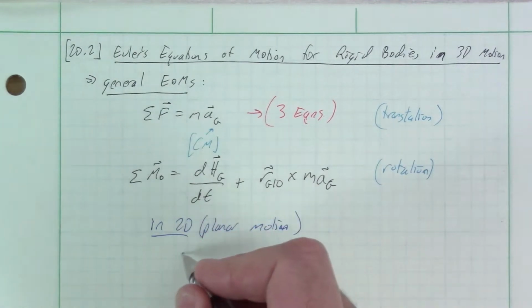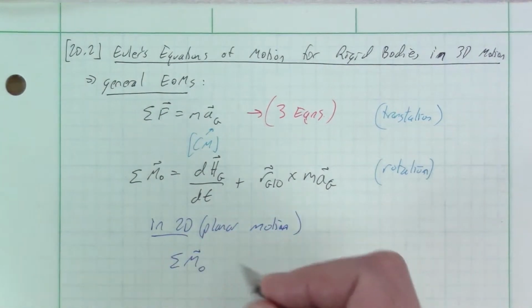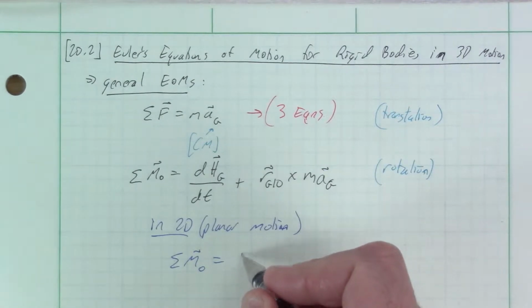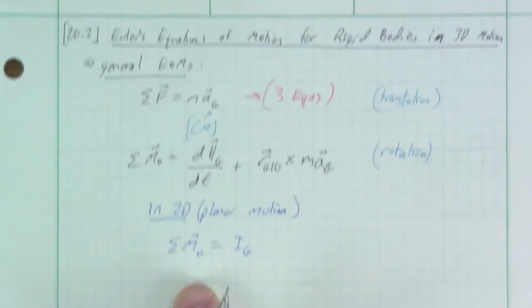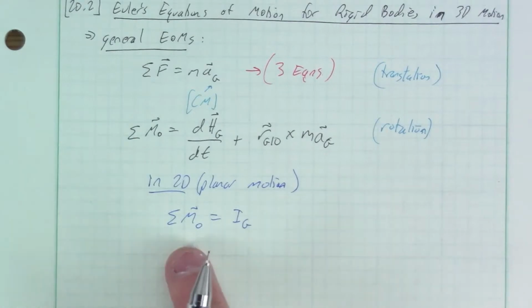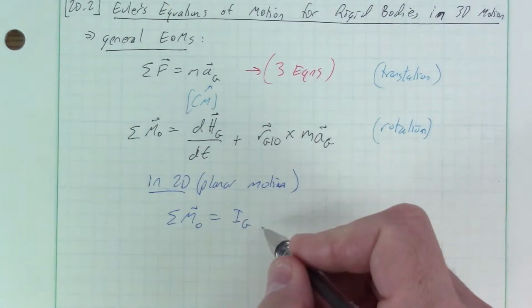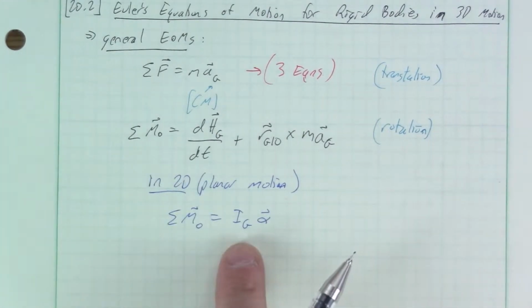And what we found was, well, we had different versions depending on what we wanted, right? So for an arbitrary point, the sum of the moments about a point O, arbitrary point O, was the moment of inertia of this about the center of mass, right? Well, there's a discrepancy, right?